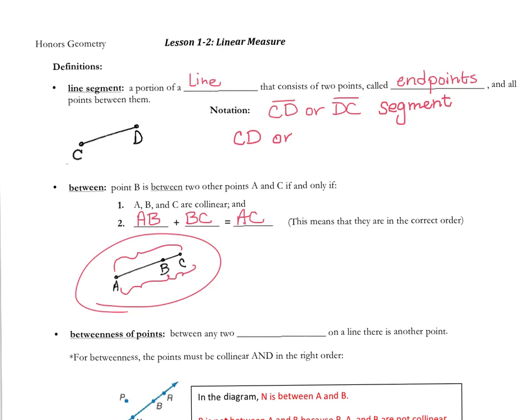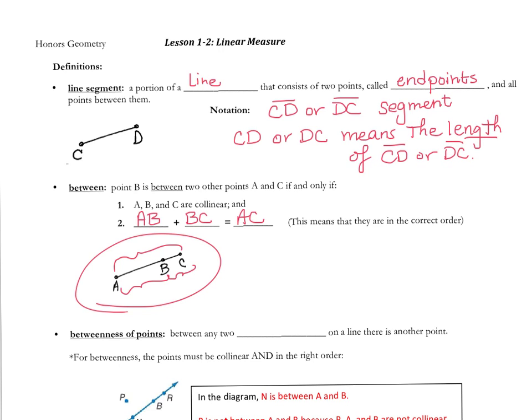So CD or DC written that way means the length of segment CD or DC. So with the bar means it's the segment, without the bar means it's the length of the segment, or in other words, the distance between the two endpoints.